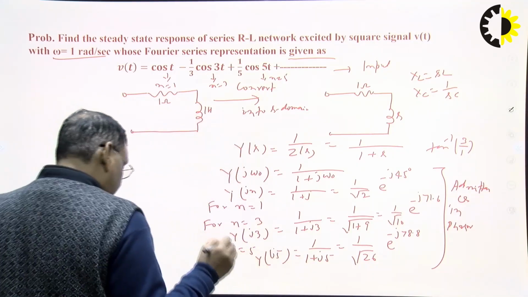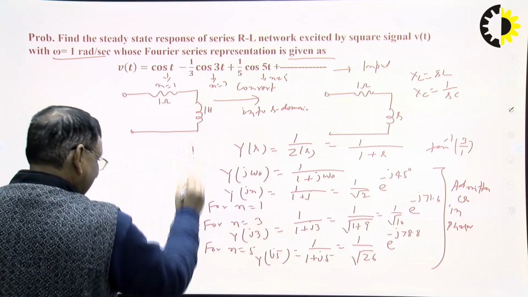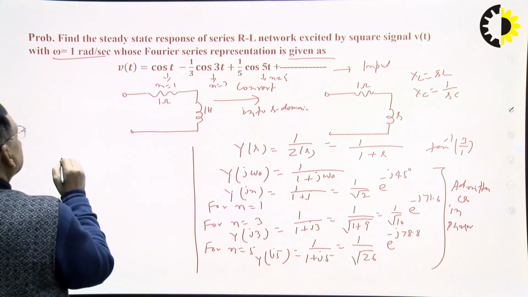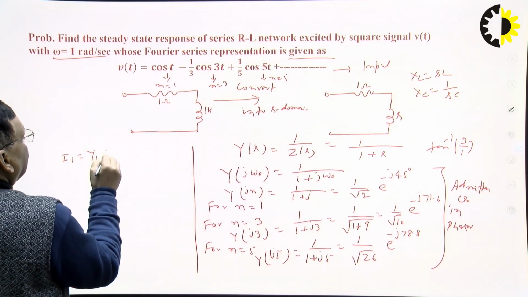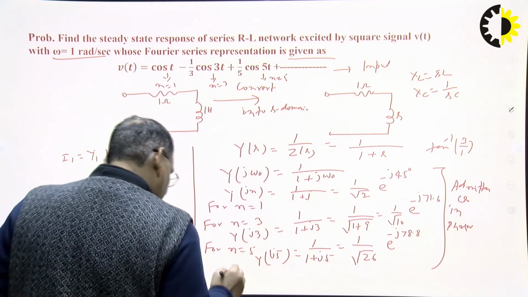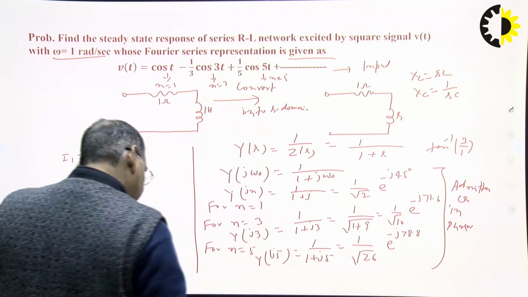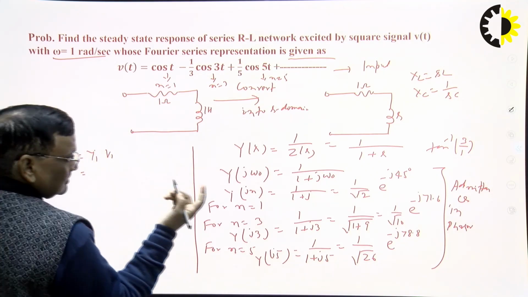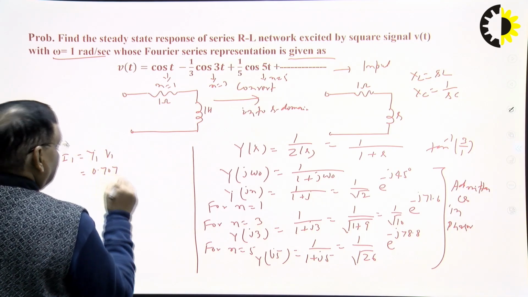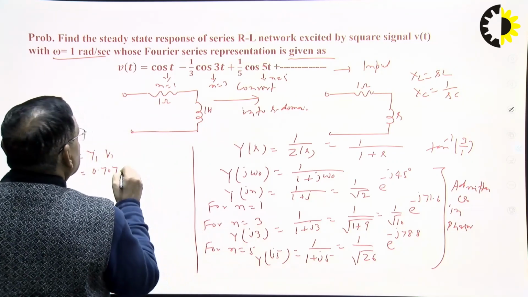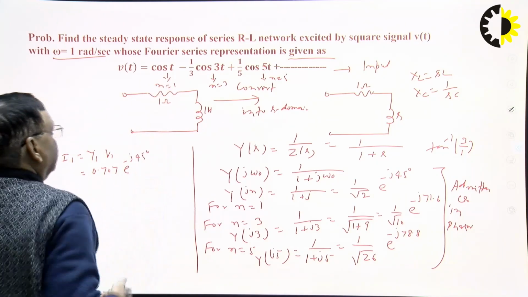Now I1 is equal to Y1 V1. Y1 and V1 together give 1 by root 2, which is 0.707, and e to the power minus j45, since it is cos omega t.